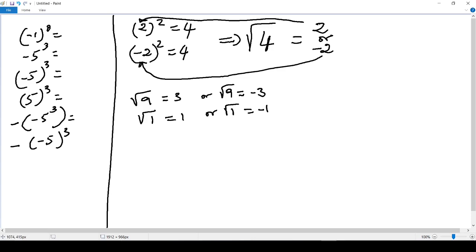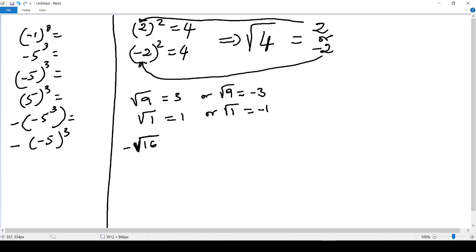For something like negative square root of 16, it is very important to realize that we didn't put the negative sign inside the radical. The negative sign is outside the radical. So the 16, the number inside the radical, is positive.